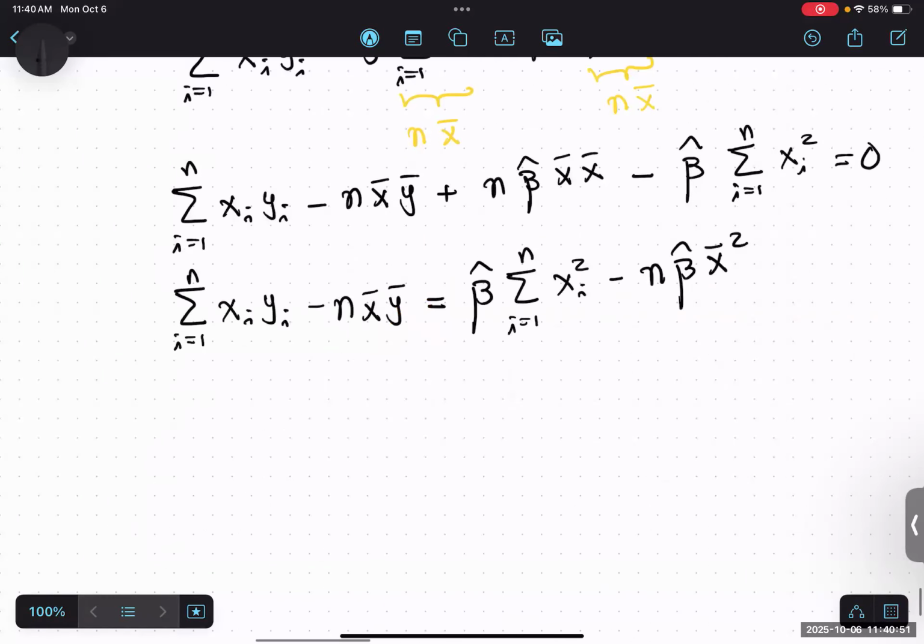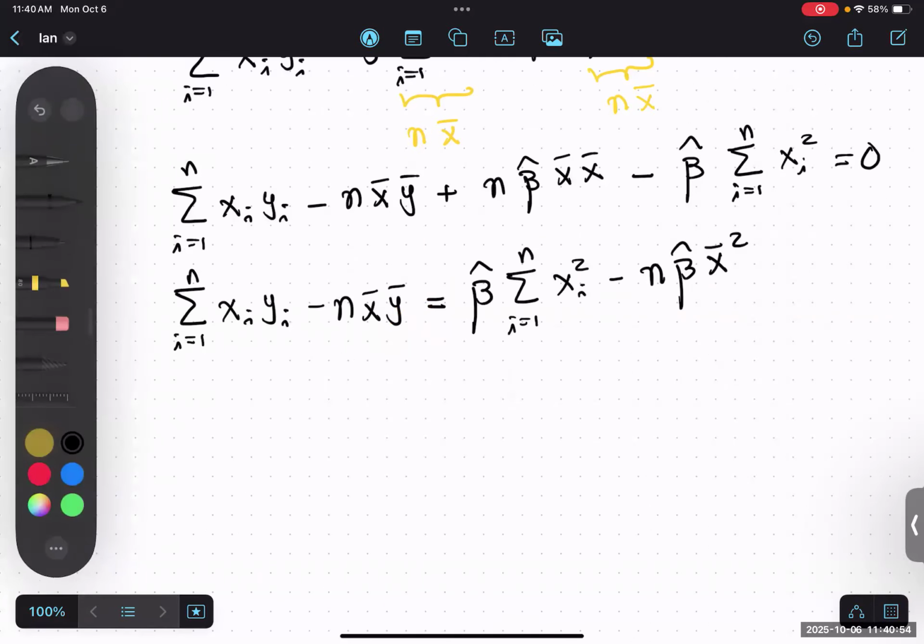And now, let me show you how this, when we factor it out, this should be the sum from 1 to n, the xi squared minus n x bar squared. And now, what I will do is subtract what we have in the yellow expression in parentheses on both sides of the equality.